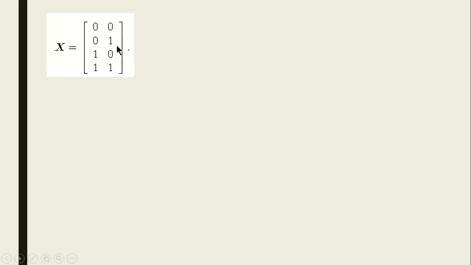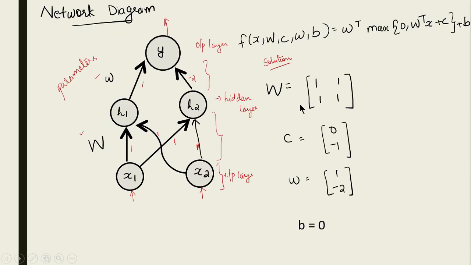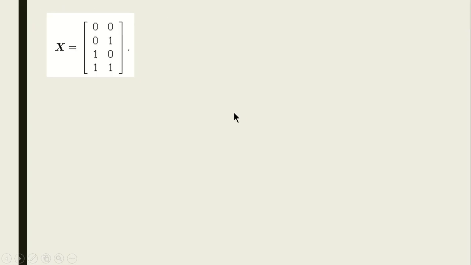They represent the input values. Then multiply it with the weight, this W, 1 1 1 1. When we multiply these two matrices, we will get the values 0 0, 1 1, 1 1, 2 2. So this will be the output of xW.